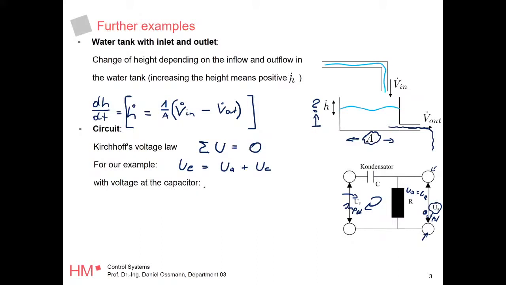Anyway, now we know that the voltage on this capacitor is 1 over C times the integral of the current in the circuit. So we are basically just replacing the voltage in the capacitor by this expression. This is basic EE engineering, so nothing special there.